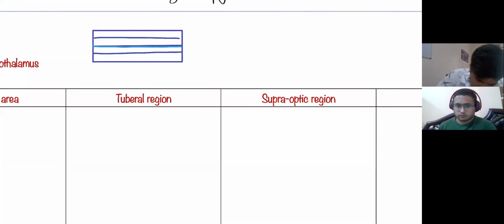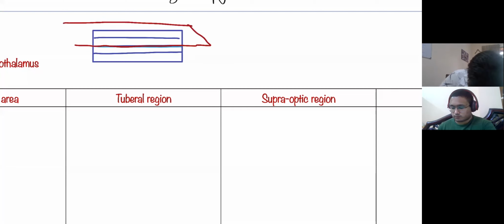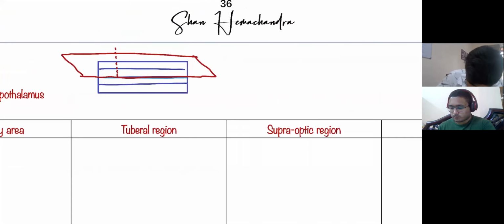What we are looking at right now is this section. Here you have the mammillary area, here the tuberal area, here the supraoptic, and here the preoptic, with the suprachiasmatic nucleus which goes here. I hope you guys understand this.